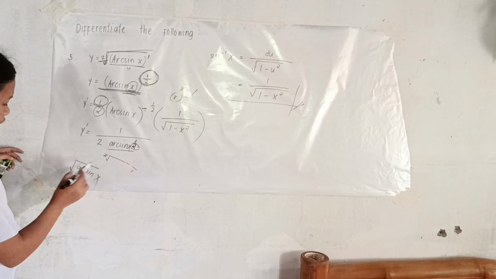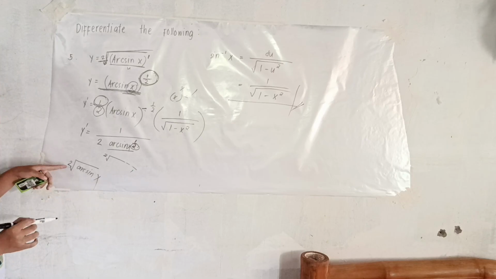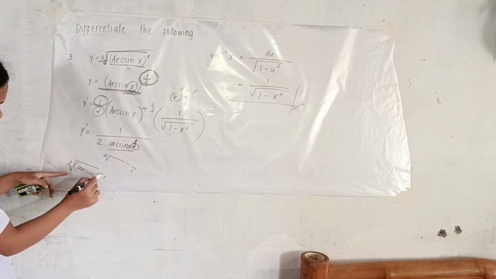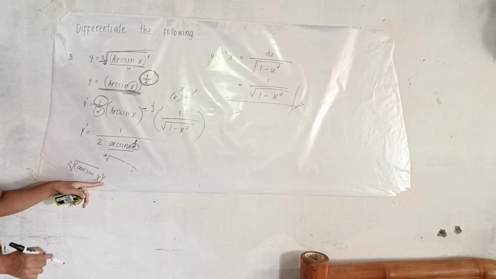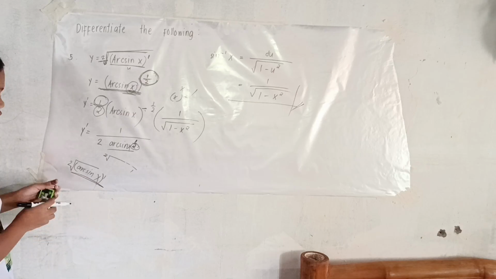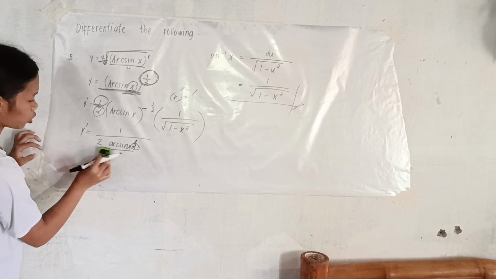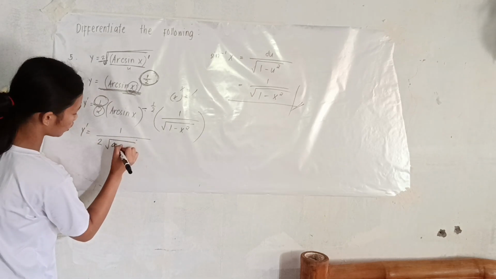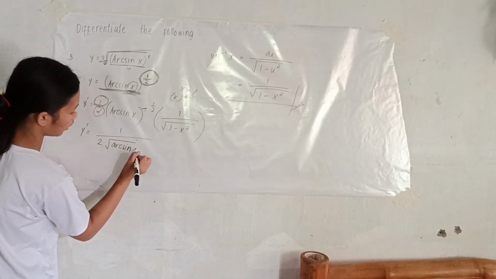Since the 2 goes into the radical, and the numerator 1 becomes the exponent inside the function, it becomes 2 square root of arcsine x.